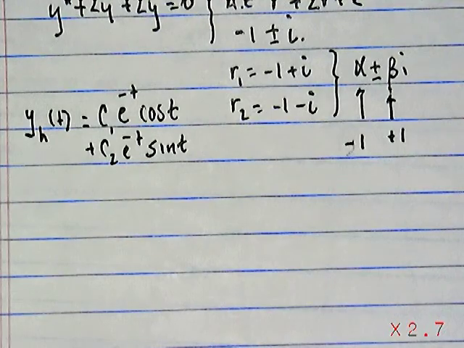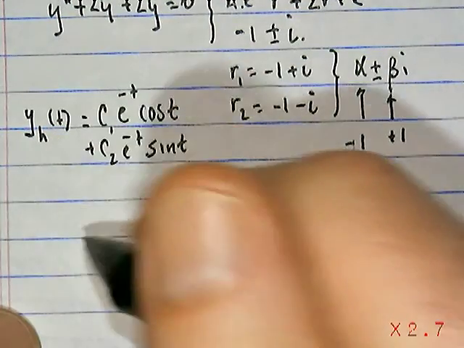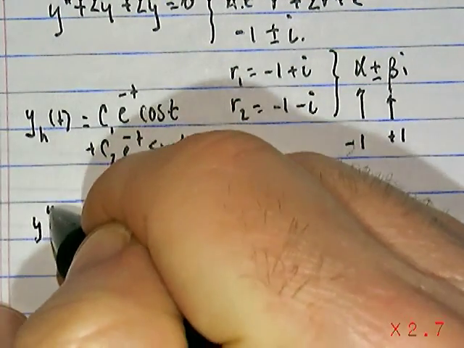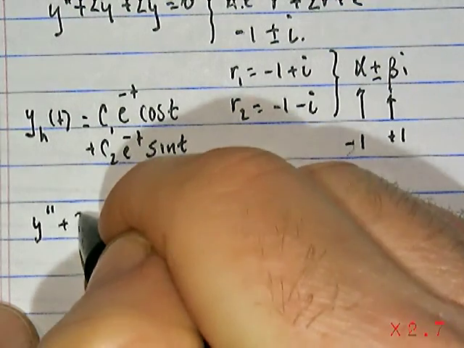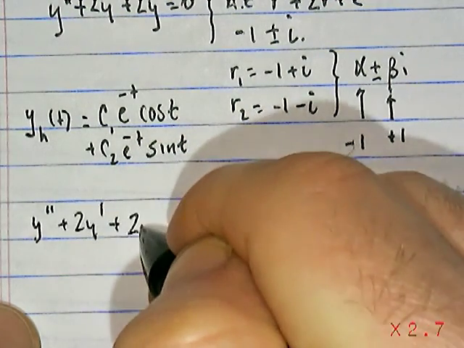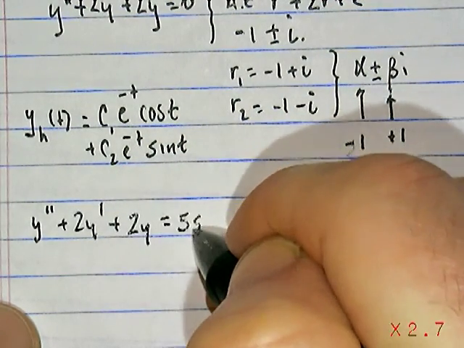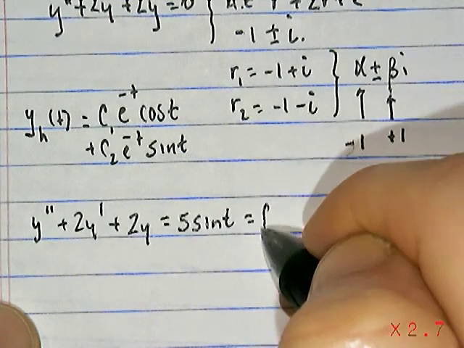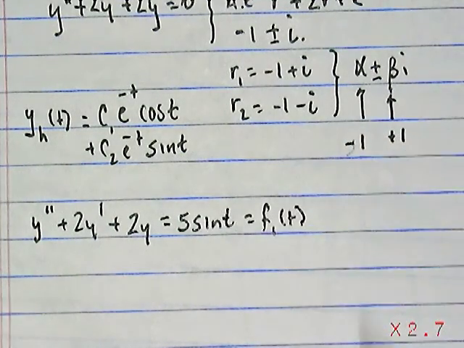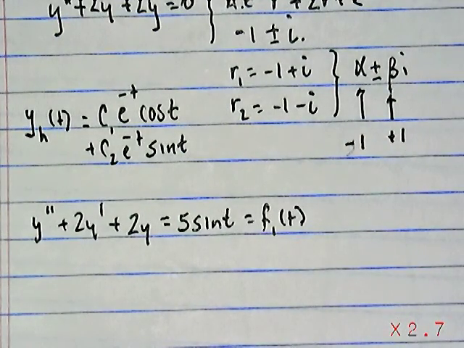Okay? So let's go ahead and write the system corresponding to 5 sine t. Again, what we have is y double prime plus 2y prime plus 2y equals 5 sine of t, which again is what we're considering to be the first functional part of the original right-hand side.